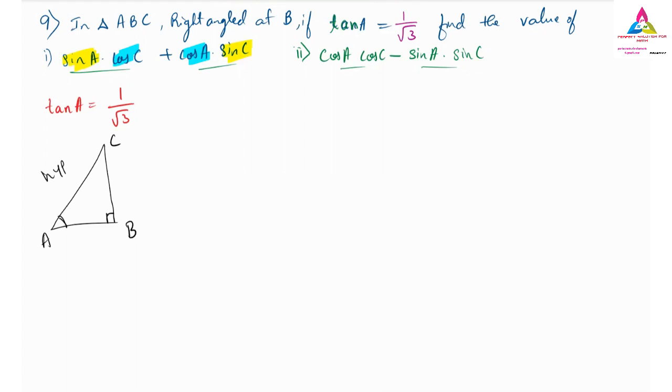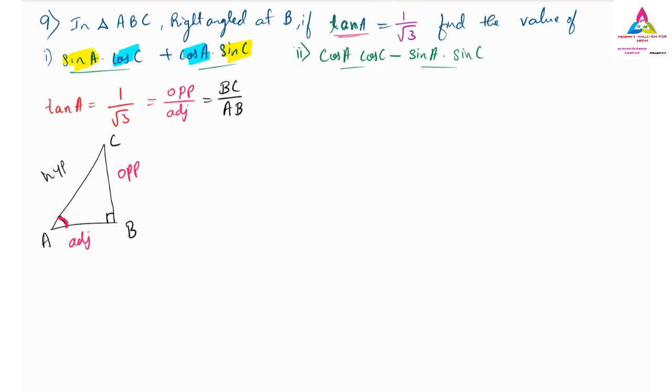So tan A they have given, so I will take tan A. A is the main angle now, so the opposite side will be this one and the adjacent will be this one. The tan A value is already given as 1 by root 3, and tan A is nothing but opposite by adjacent. Here opposite is BC and adjacent is AB.